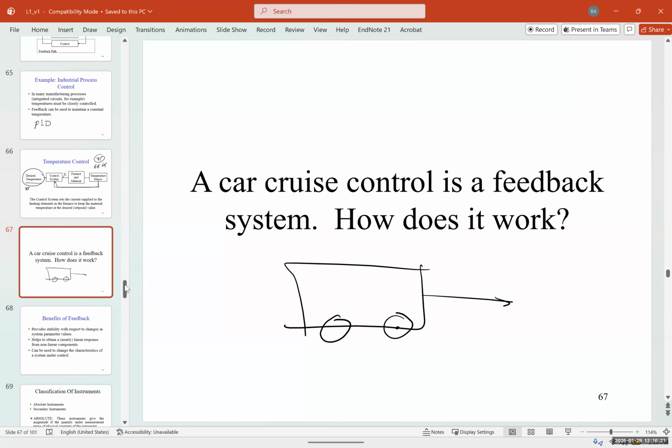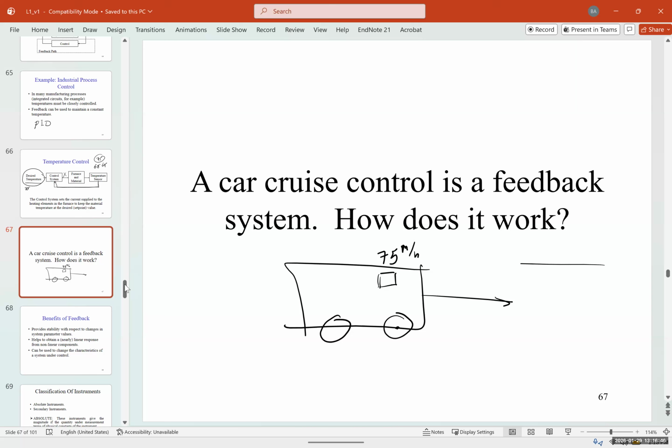And then you have a set speed, which is the cruise control. You can put it at 75 miles per hour. And then if the car is going faster, going down a hill, it will put on the brakes. If it's going slower, it will put on the gas and increase the speed.